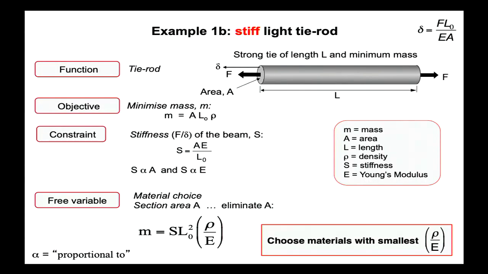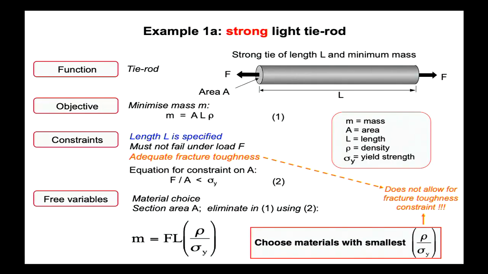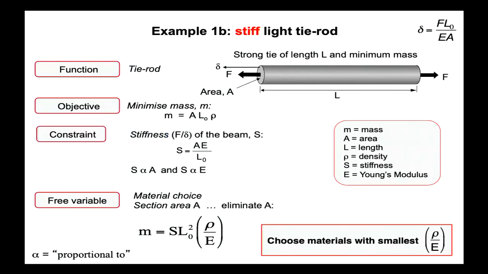S and L naught, if L naught is a constant, L naught squared is a constant. So as far as I'm concerned, we can just cut those two things out for stiffness and length. And now we've got choose materials with the smallest density divided by Young's modulus. So density divided by yield strength, density divided by Young's modulus.